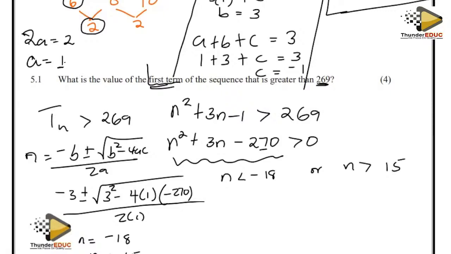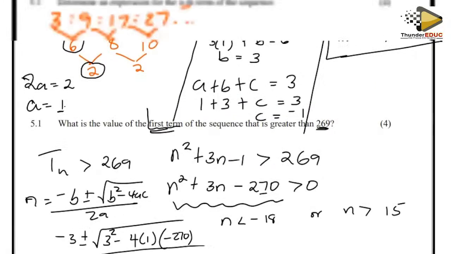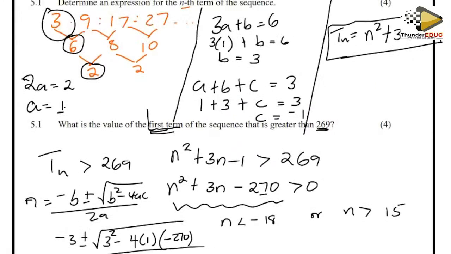So what does this mean? If we get 15 and then substitute it into the general term, what will it give us? It might give us the 269 exactly. But then they're telling us that n has to be greater than 15.